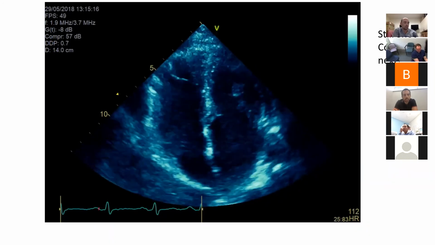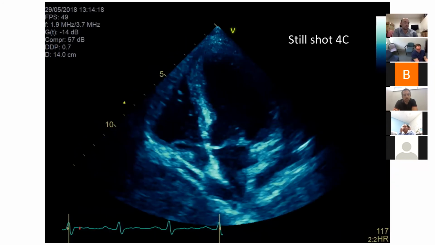So there's the still shot. This is early systole again on the 4-chamber. There's definitely RA collapse there, and some LA collapse and pericardial effusion around both atria, I think. So probably circumferential.